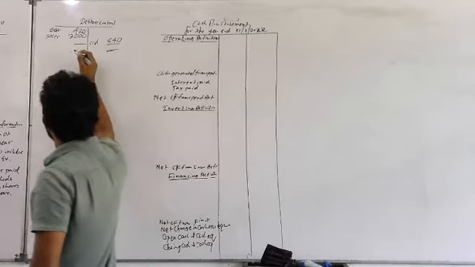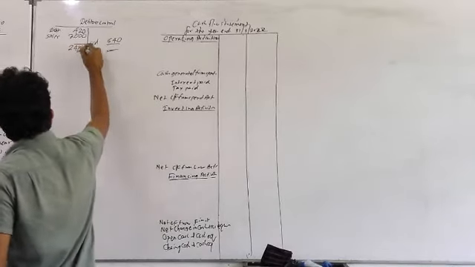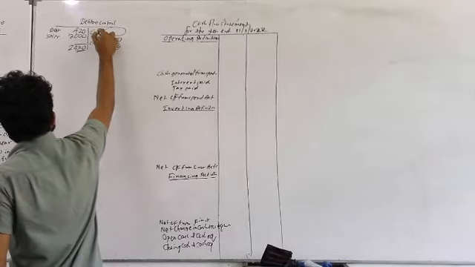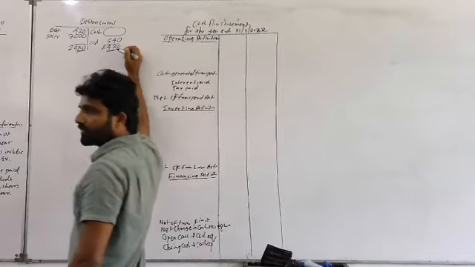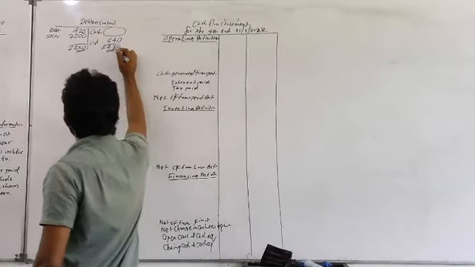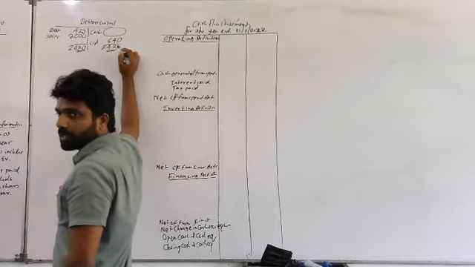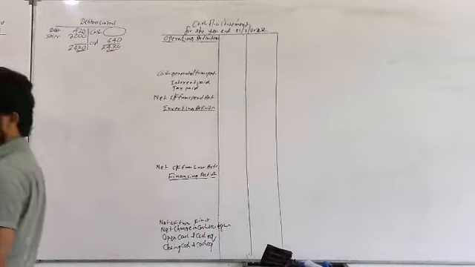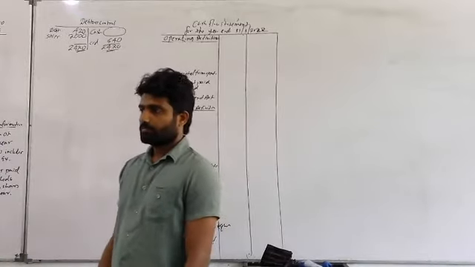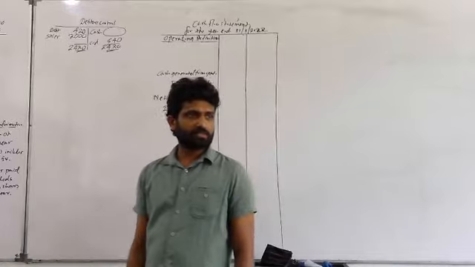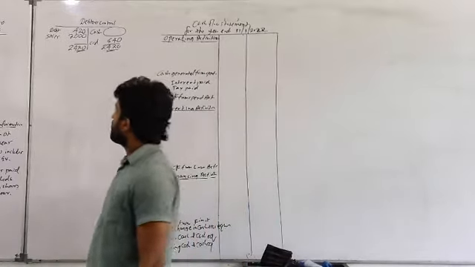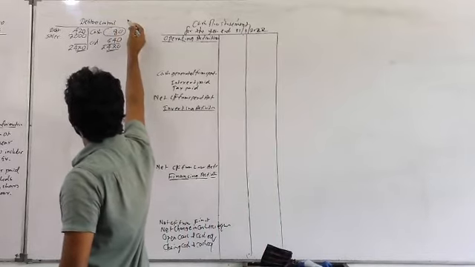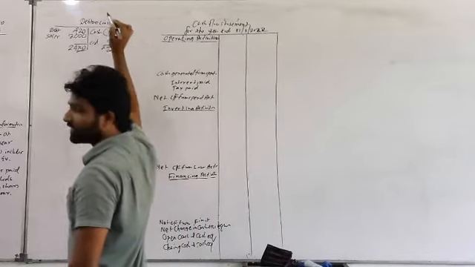Right. Now balance the debtors control account. Here you will get a difference. See, 1880.